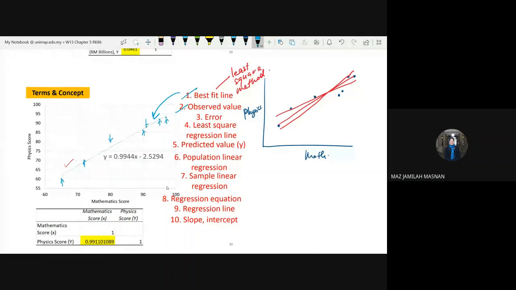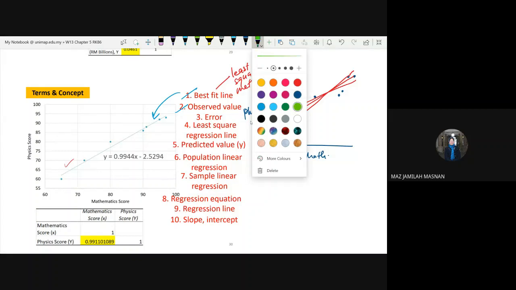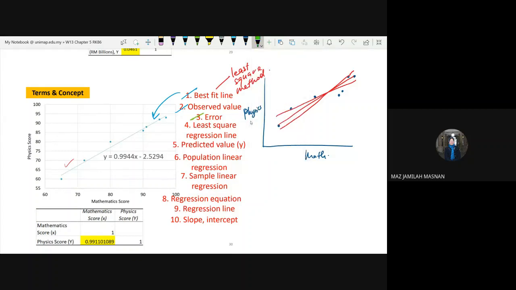Now, what is error? When we are talking about error, class, the aim is to have the best fit line. Using the least square method, this is my best fit line. But when we draw our best fit line, there will be cases where the observed value will not touch the best fit line.